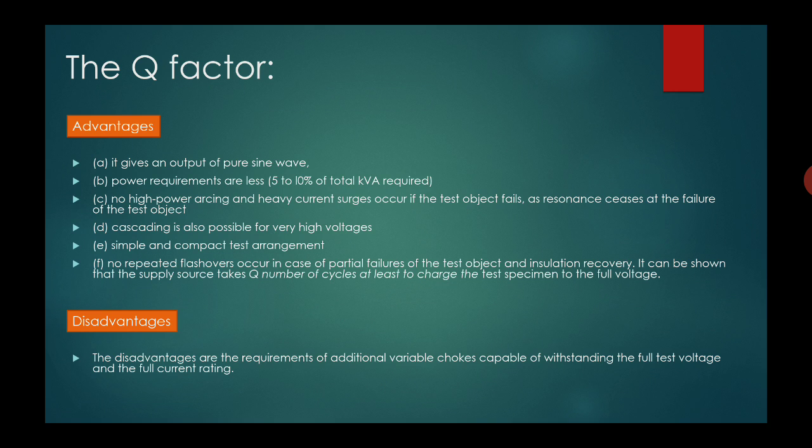It is a simple and compact test arrangement, and no repeated flashovers occur in case of partial failure of the test object and insulation recovery. It can be shown that the supply source takes Q number of cycles at least to charge the test specimen to a full voltage.